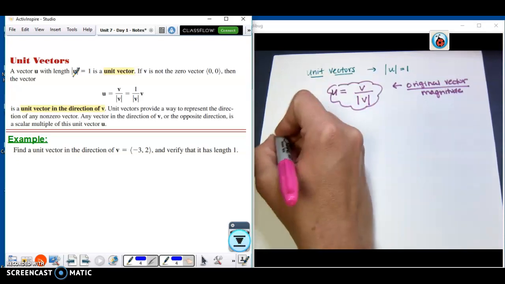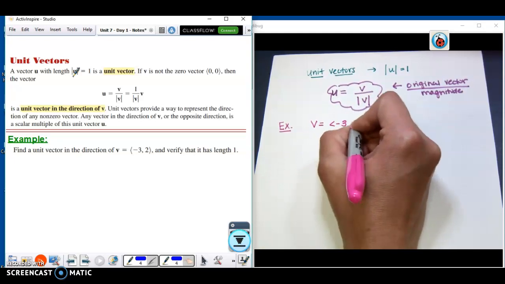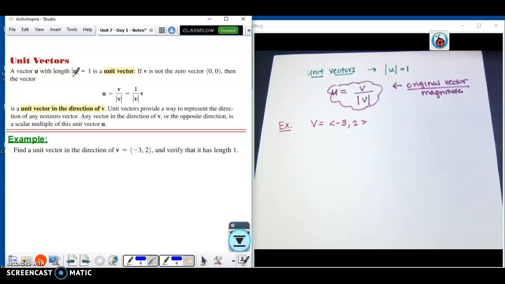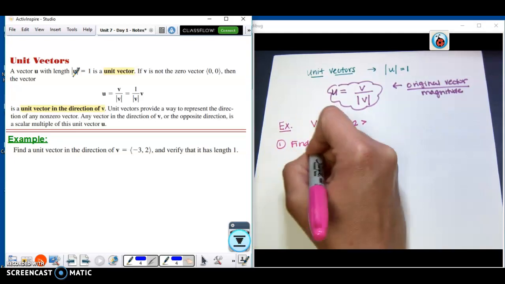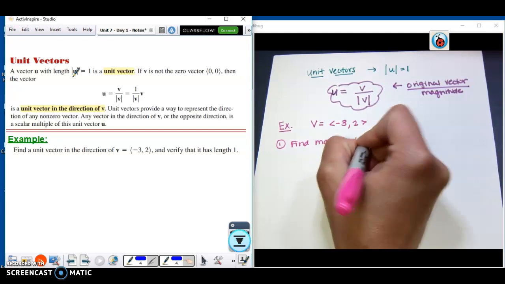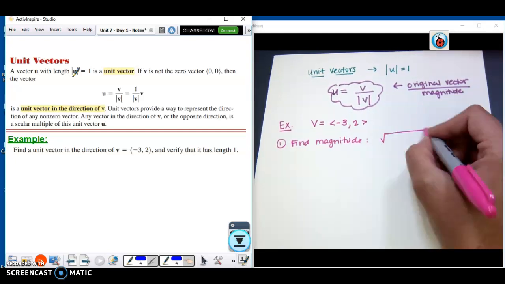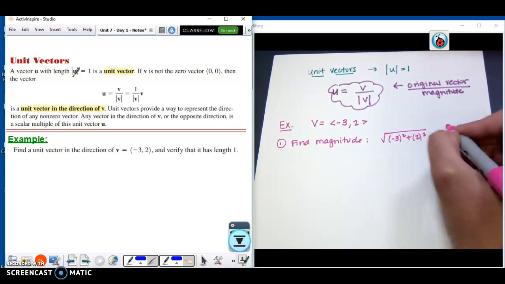So for the example, the vector that we're working with is -3, 2, and they want us to write the unit vector. What you want to do first is find the magnitude of your vector. To find the magnitude, we use the square root of a squared plus b squared.